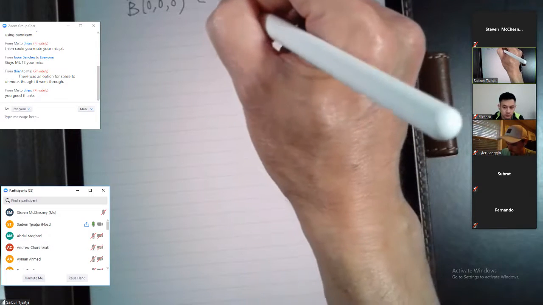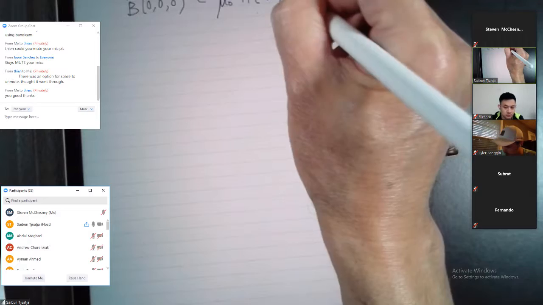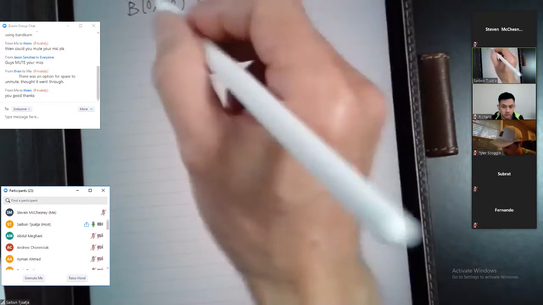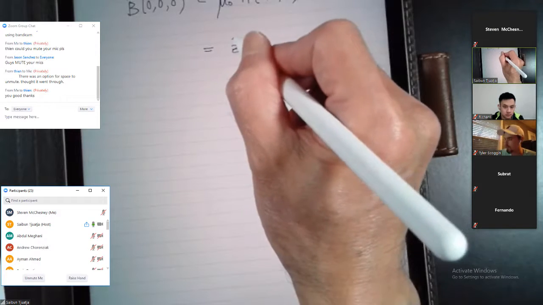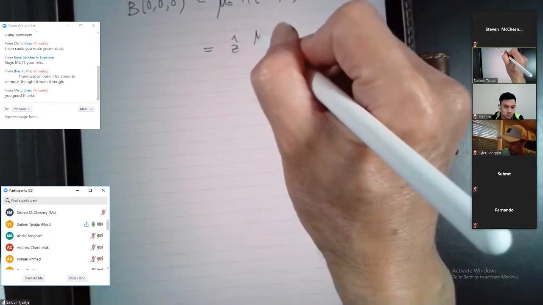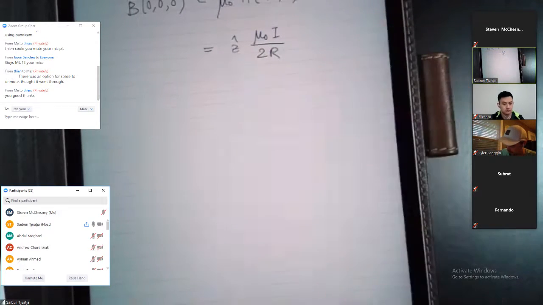Therefore, non-magnetic, therefore it's mu 0 H at 0, 0, 0. So you end up with basically z hat. Again, all of these are vectors. So z hat is the unit vector in the z direction. I have mu 0 I over 2r. This is only at the center. Any question up to this point?